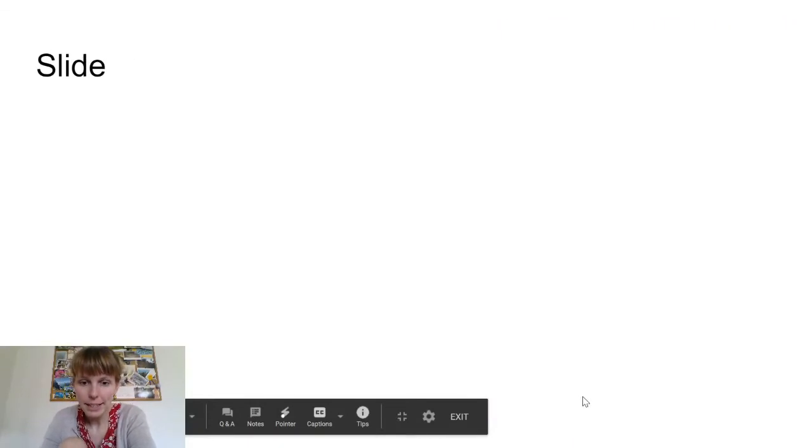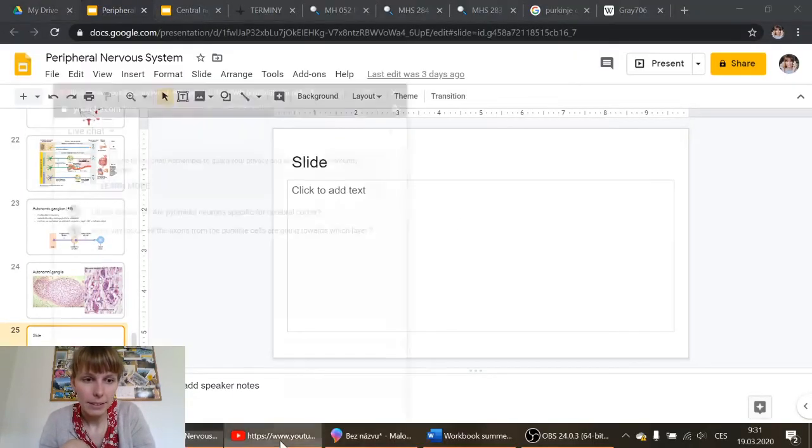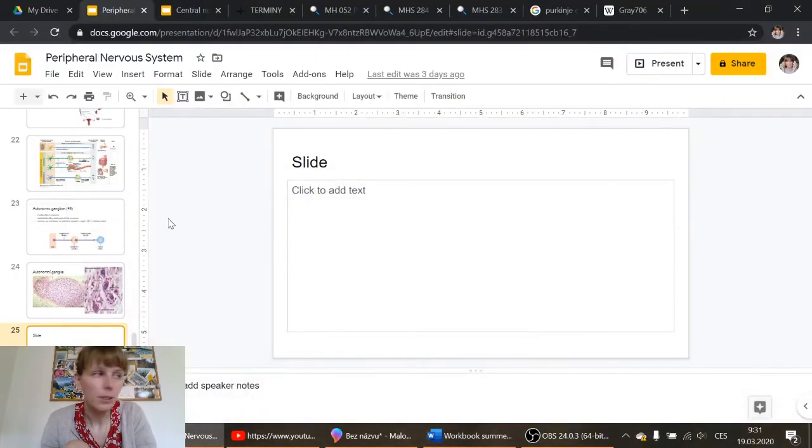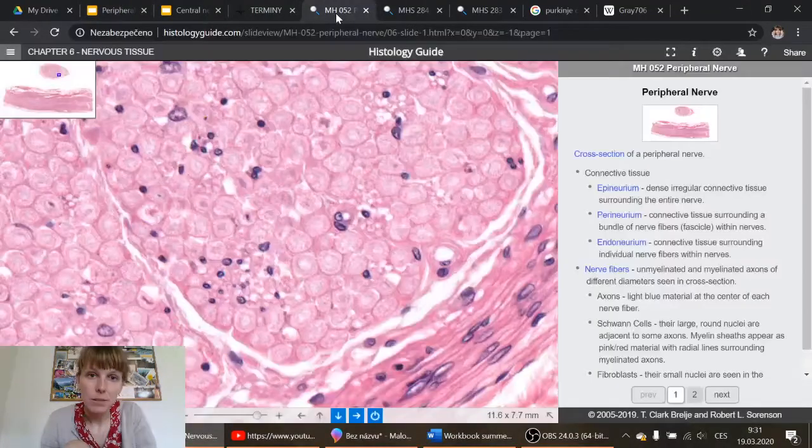So let's take a look at the slide now. So in the workbook we can see that we should be able to see multipolar neurons, satellite cells, and non-myelinated axons. So the multipolar neurons are the ganglion cells, satellite cells are the glia, and non-myelinated axons will be around.